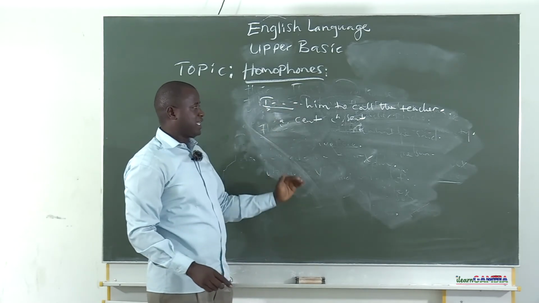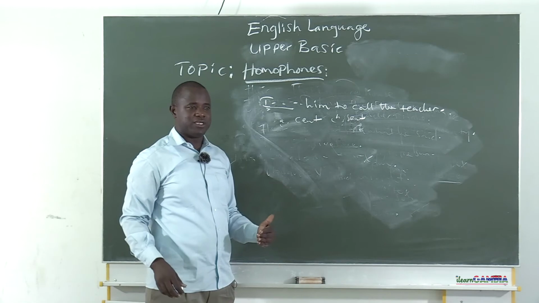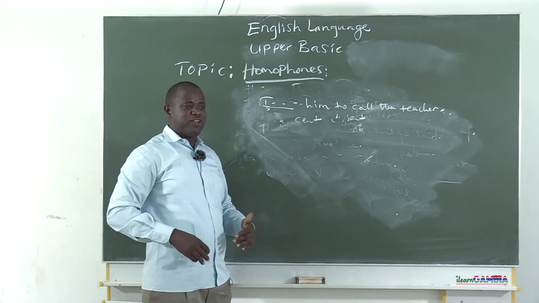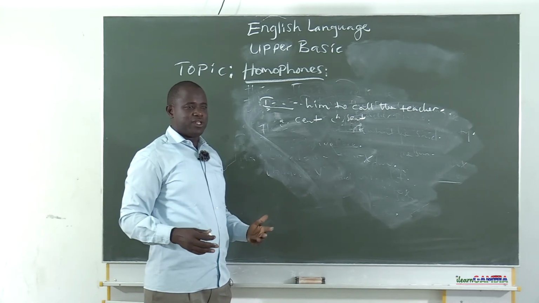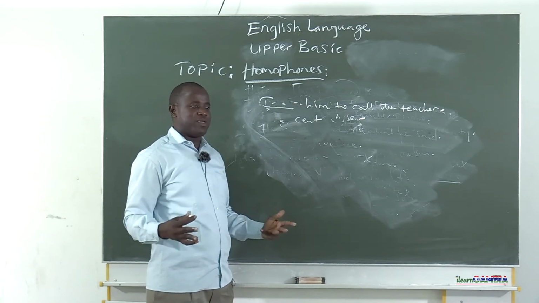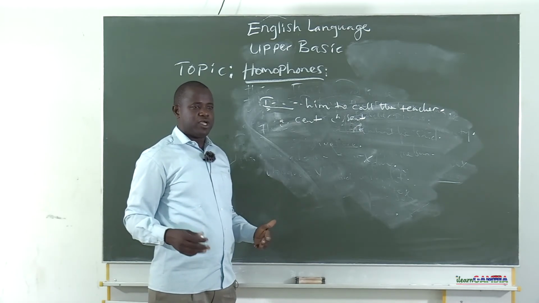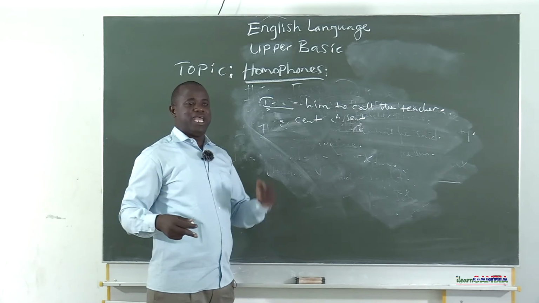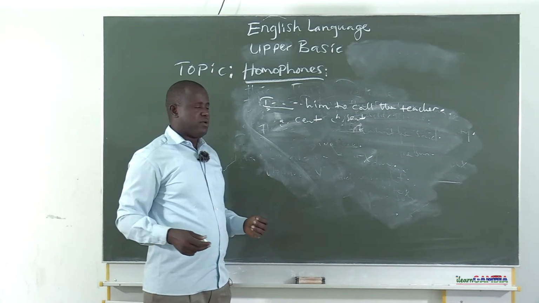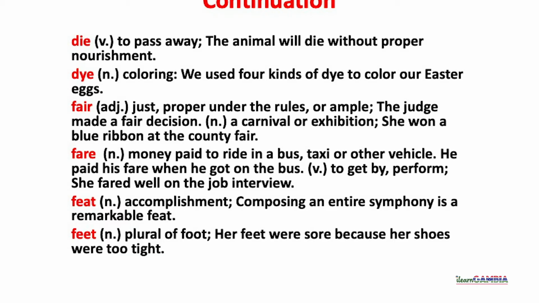You say, I sent him to call the teacher. The other cent means a penny. You say, I don't have any cent with me. All right? So we move on, and then we learn more examples.